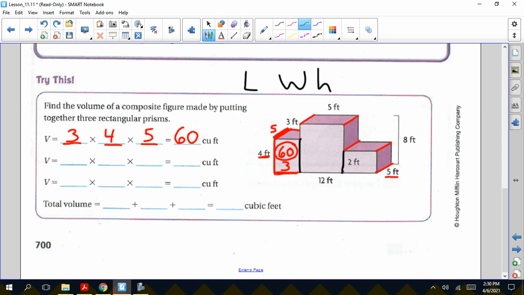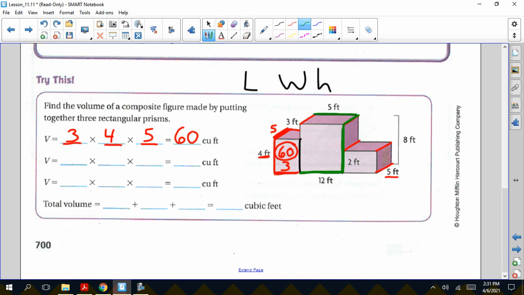Now I'm going to change colors here. We'll use green for the middle rectangular prism. We again need a length, a width, which is going back, and a height. So we need those 3 measurements, side to side, up and down, and the diagonal going back. The length across is the same as this top line.